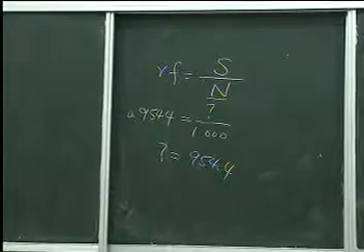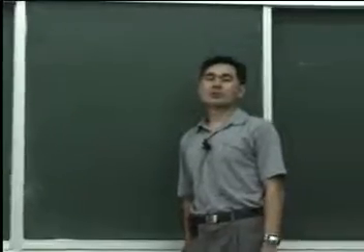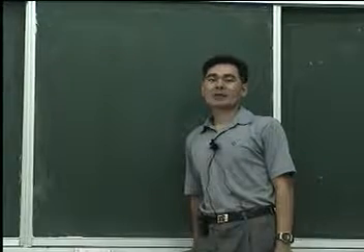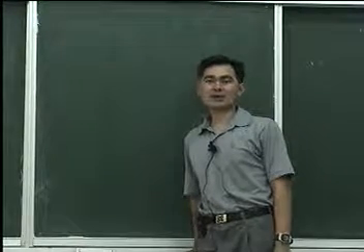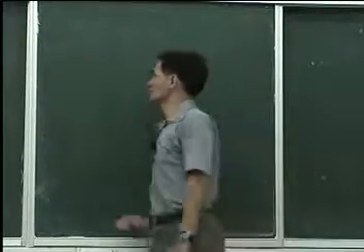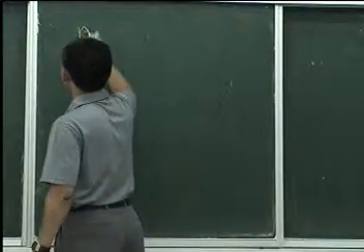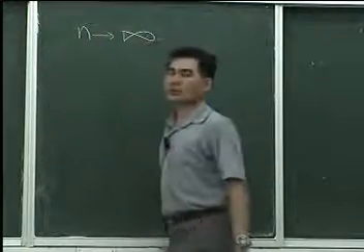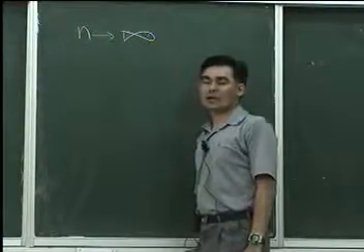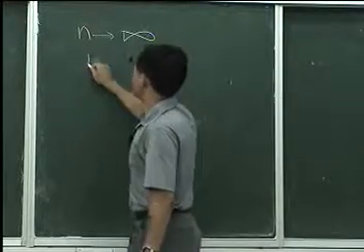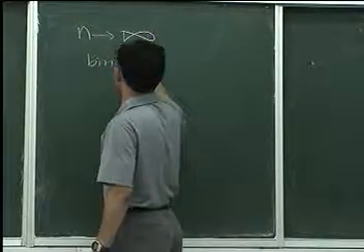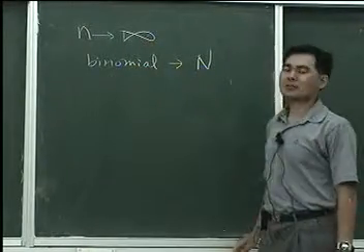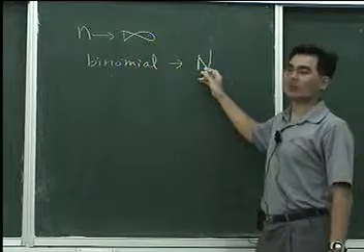Since we already talked about binomial distribution, we want to review it and also the relationship between binomial distribution and normal distribution. When the sample size n gets very large, the binomial distribution can be approximated by a normal distribution.